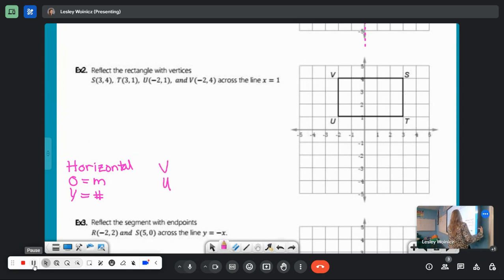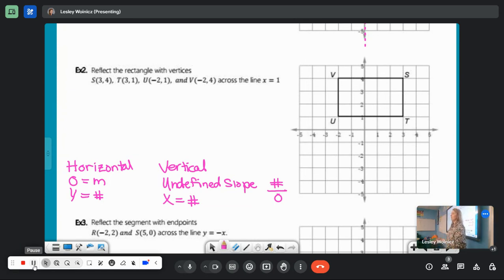Similarly, if you have an x equals equation with no y, it just has x equals a constant, some number, it's going to be a vertical line. Okay? Vertical lines have undefined slope. That's because when you have a vertical line, your rise over your run is going to be some number divided by 0, because your run is 0.